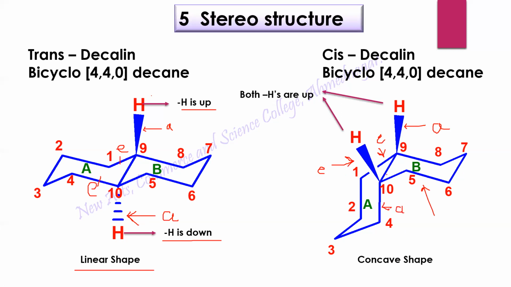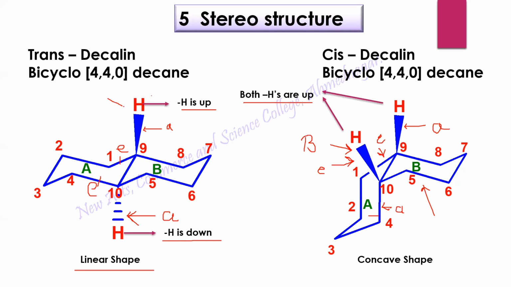Then use this equatorial and axial bond to complete the ring A. Now in this case, both hydrogens are up, facing in the top direction. So you can see the stereochemistry of both hydrogens is beta. Beta means facing up.